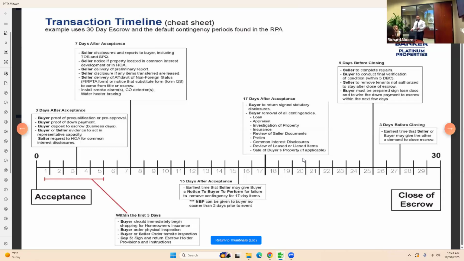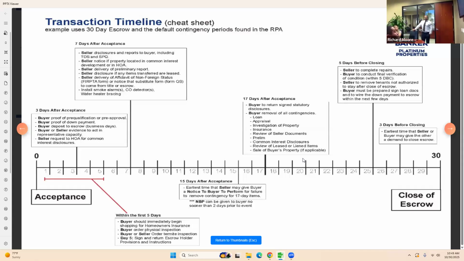You sat down with your buyer and said, this is what I want fixed. Now you're gonna send in your request for repairs. And the sooner you send it, sometimes they say that it's good to send it at the end, close to the contingency period. Sometimes they say it just depends. I don't know if there's a right way of doing it. But you can send it as soon as you're ready, or you can send it closer to day 17, because the seller's gonna send you a notice to perform.